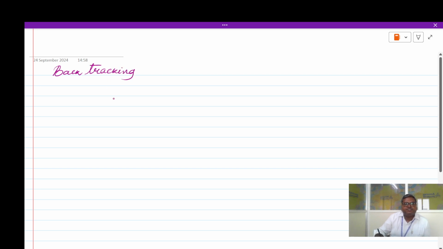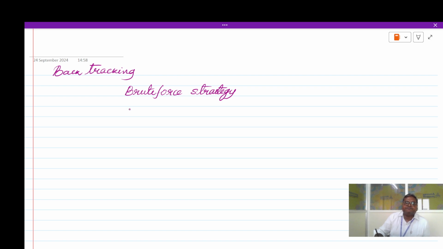This method essentially involves a brute force strategy. What is a brute force strategy? A strategy where we'll be exploring all the possibilities.